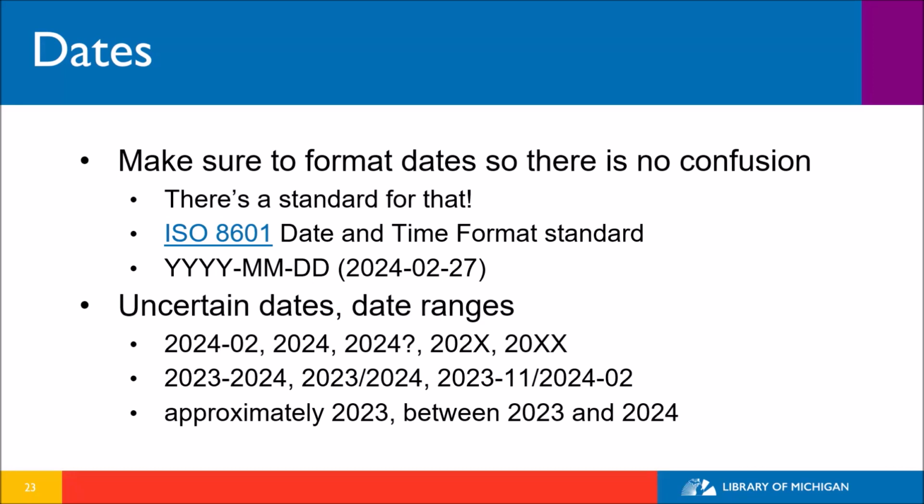Maybe you know just the year and the month, or just the year. There are also ways to show with question marks and X's just how much of the date you can infer. And I will say having something, even a decade, is better than nothing. Just make sure you don't use junk data or filler, like ND for no date or unknown.